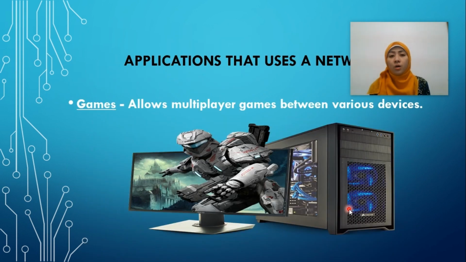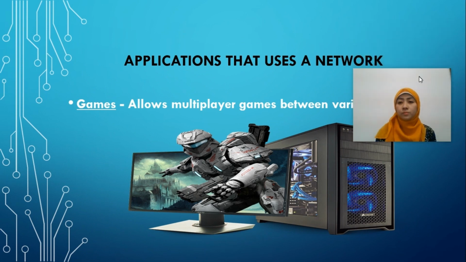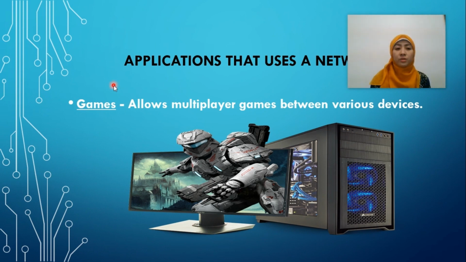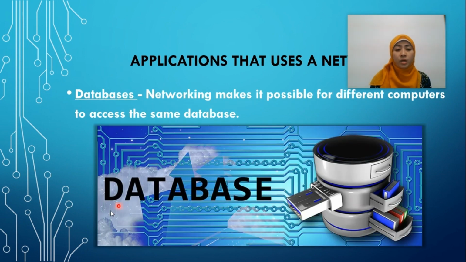What are the applications that use a network? We have games, which allow multiplayer games between various devices. We have also databases. Networking makes it possible for different computers to access the same database.